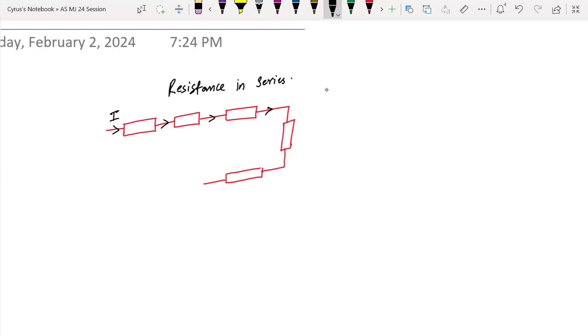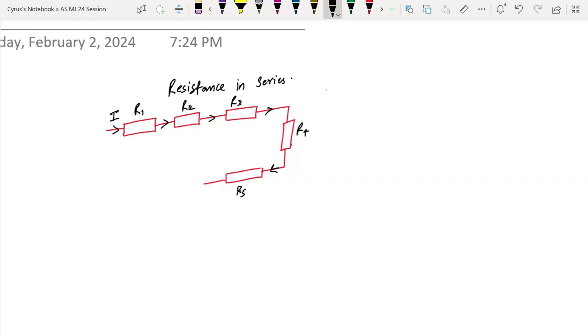It's a series circuit. The reason is that this is R1, this is R2, R3, R4, R5, and what's happening is that the current is not splitting here. Current split नहीं हो रहा. ठीक है, आप simply resistances को add कर सकते हैं.